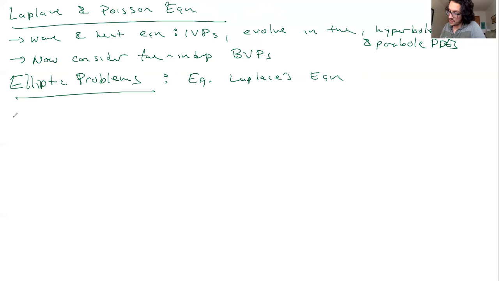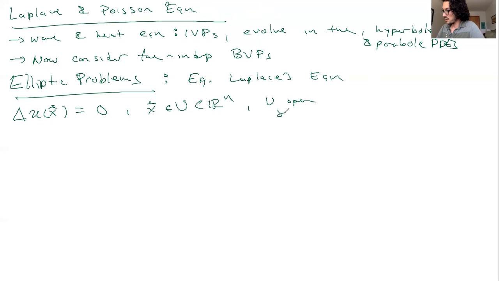What's Laplace's equation? Well, it's given by the Laplacian, probably not surprisingly, acting on u is equal to 0, for x in capital U, which is just some open subset of Rn.